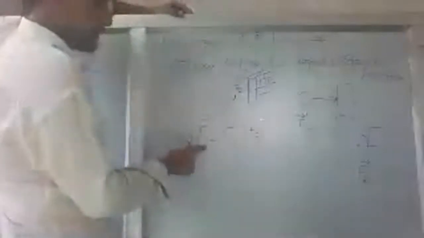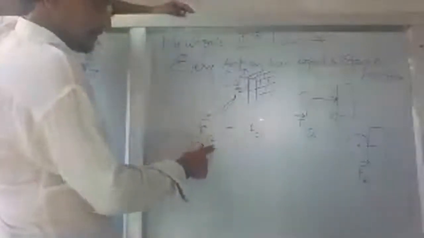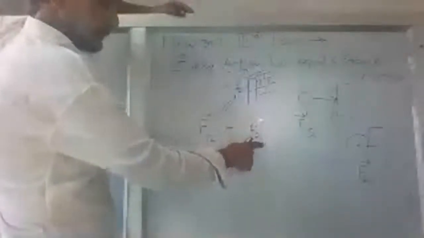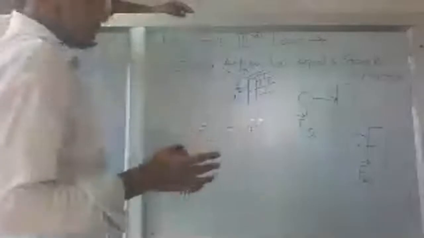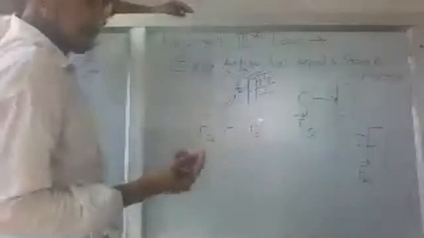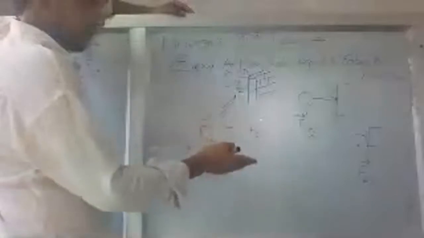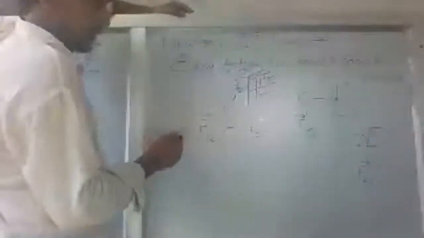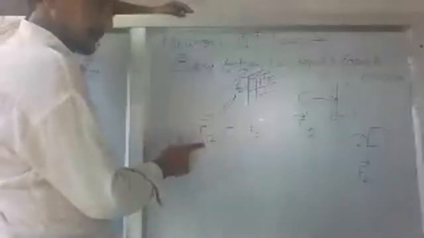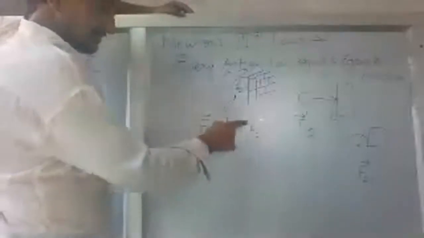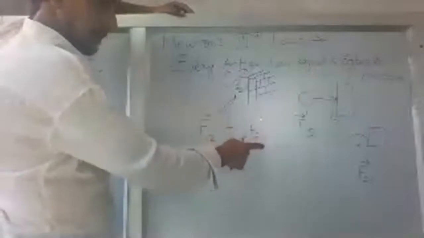Later, in class 12, I will teach you the force on the first body due to the second body, and the force on the second body due to the first body. That is the correct sequence. But this time I am only saying the force by the first body on the second body, and the force by the second body on the first body.